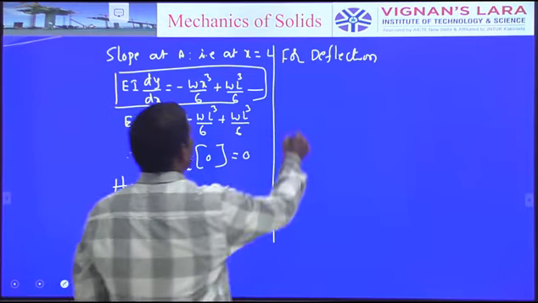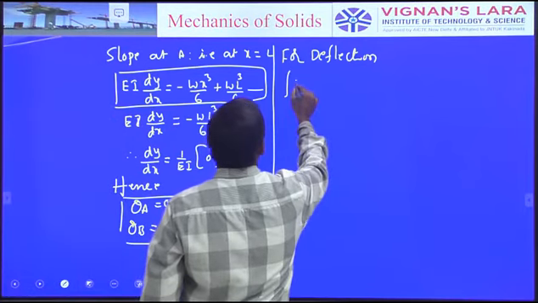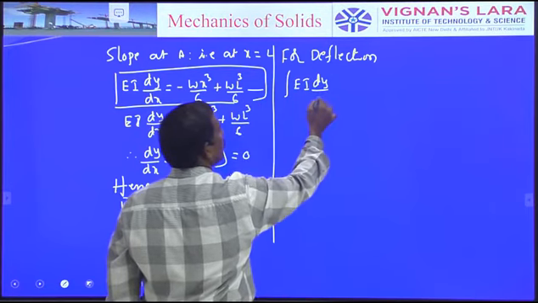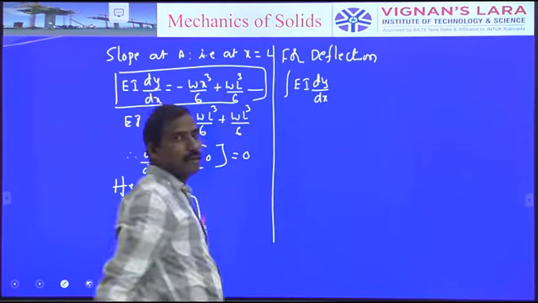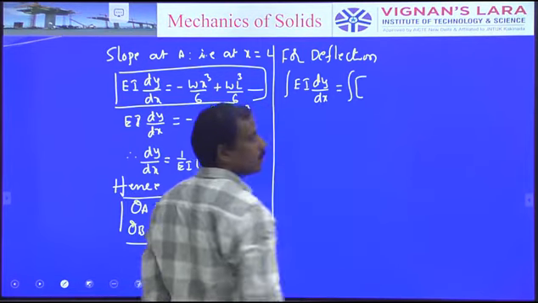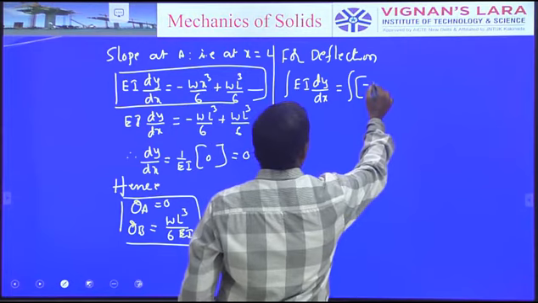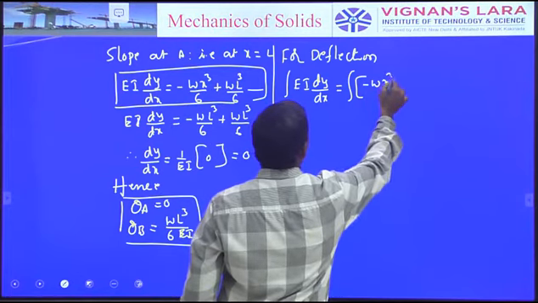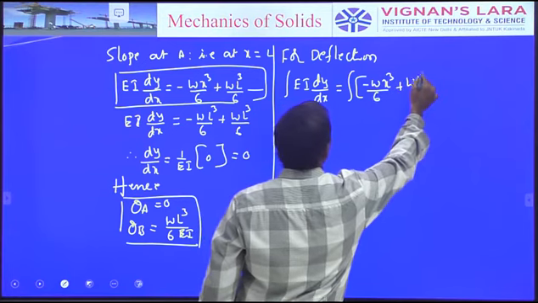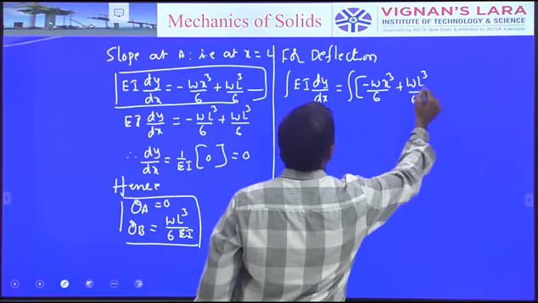So the integral of EI into dy by dx is equal to the integral of minus w x cube by 6 plus W L cube by 6.